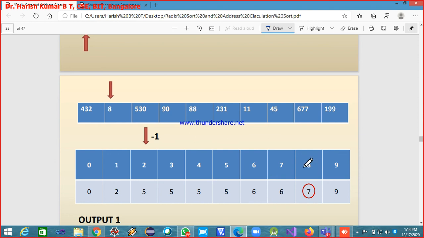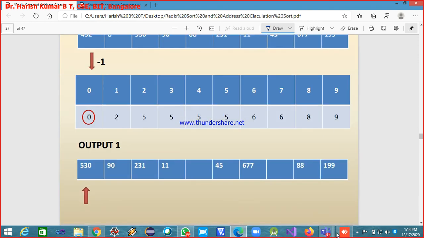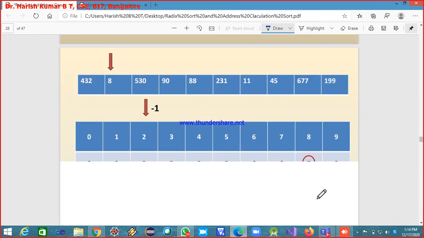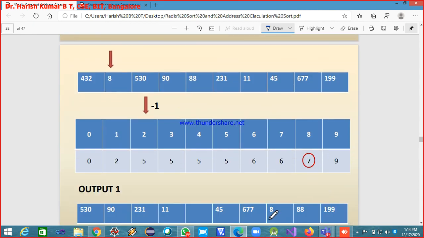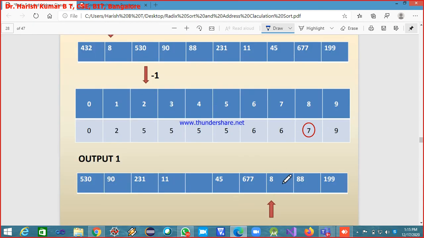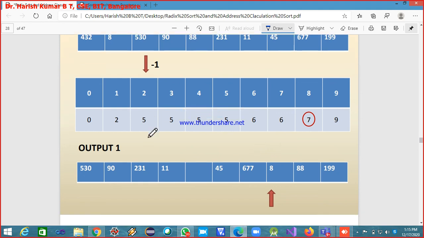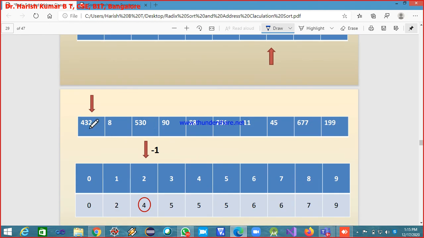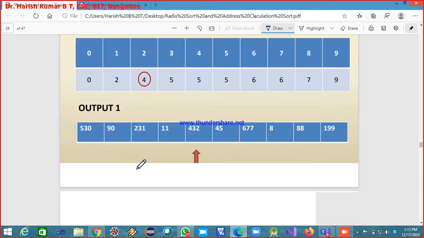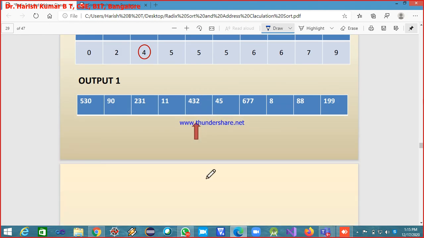The previous cumulative count of index 8 was 8, and that is decremented by 1 and becomes 7. Now 8 takes position 7. We are left with the last element, 432, and 432 is taking this position. Hope it is clear.